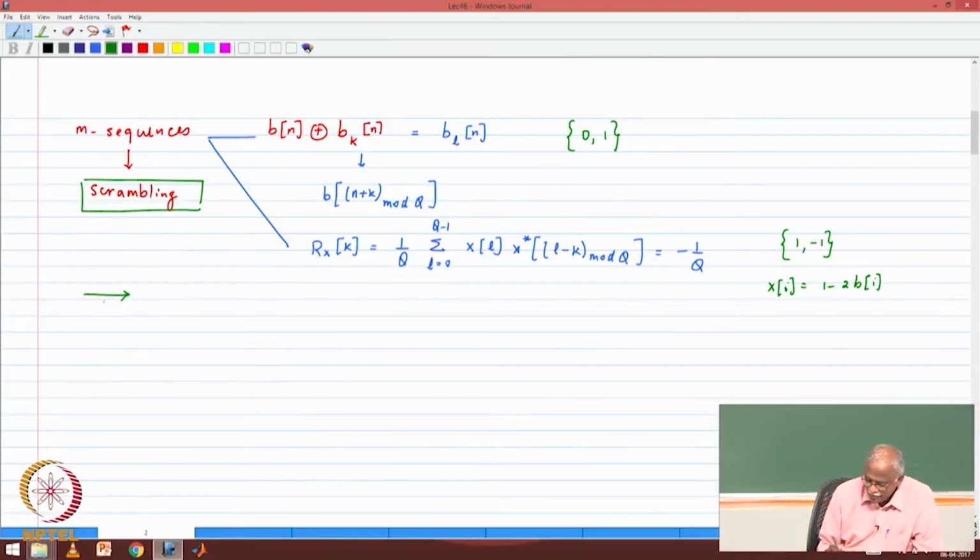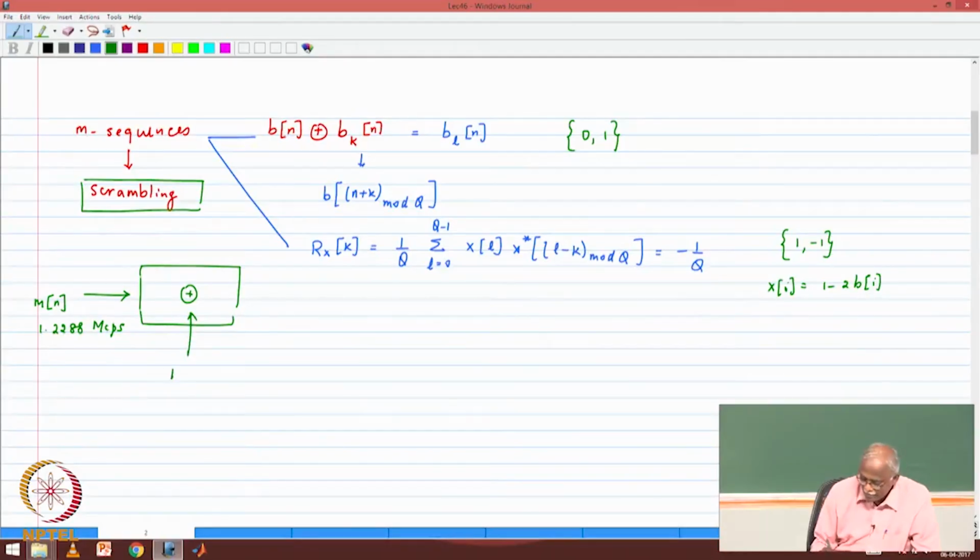If I have what I call a message sequence, in the case of CDMA 2000 it would be 1.2288 megachips per second, then the scrambling operation turns out to be a modulo 2 addition with a sequence, an M sequence in this case.